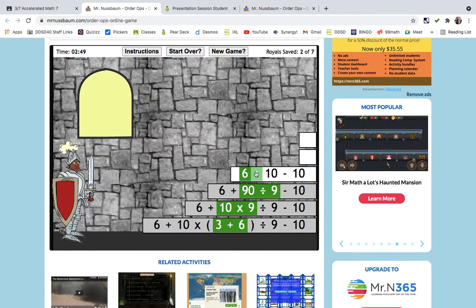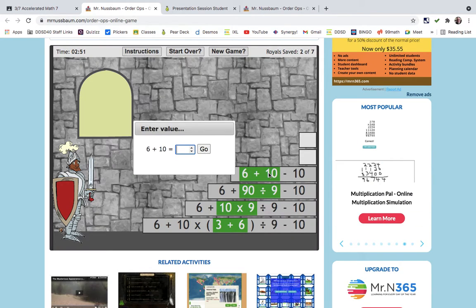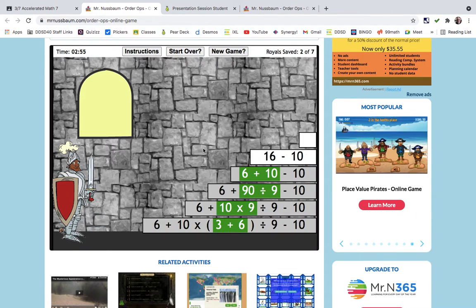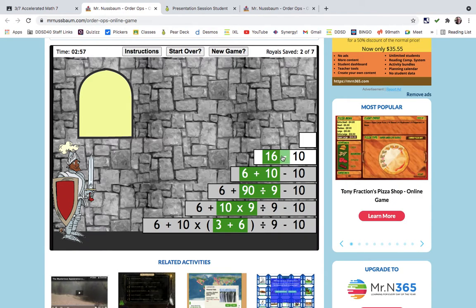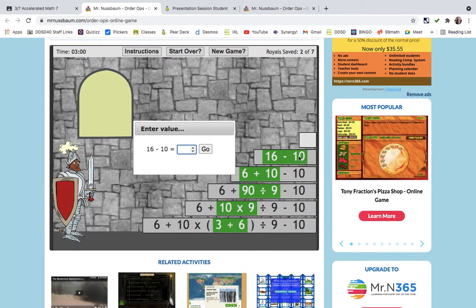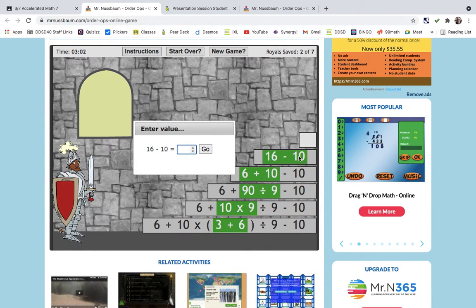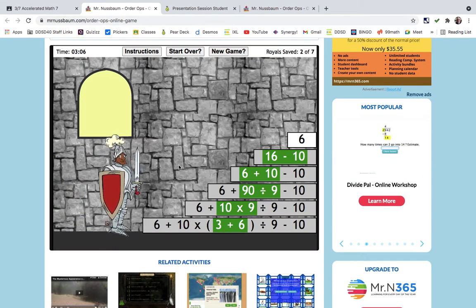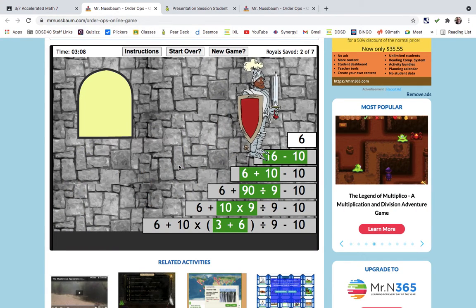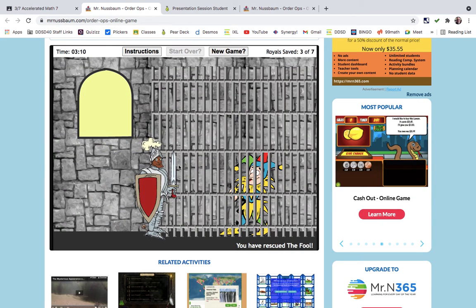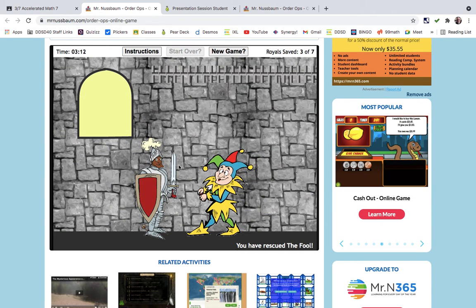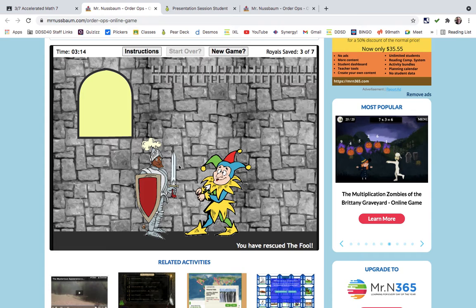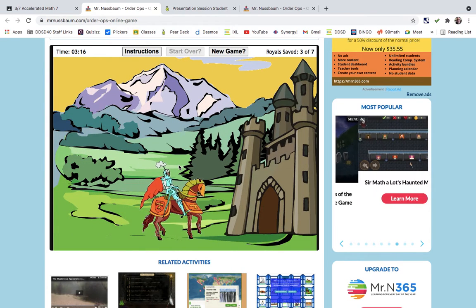And then 6 plus 10, 16. And then 16 minus 10 is 6. Oh, looks like I rescued the jester that time.